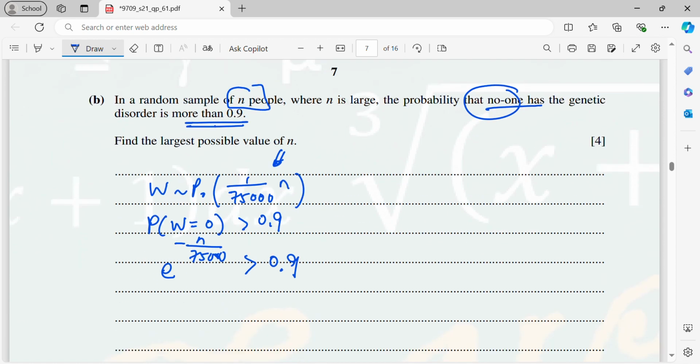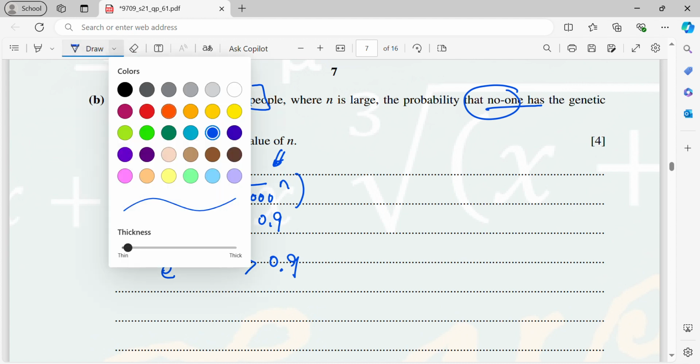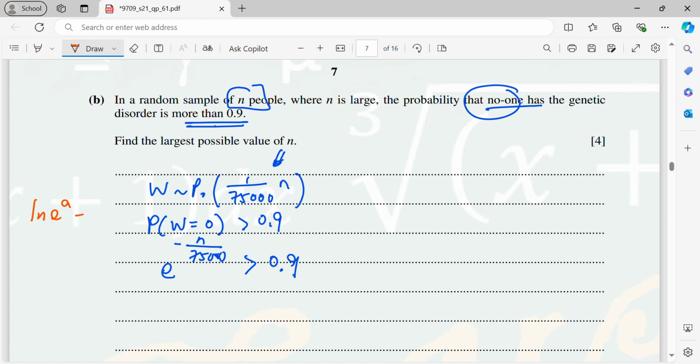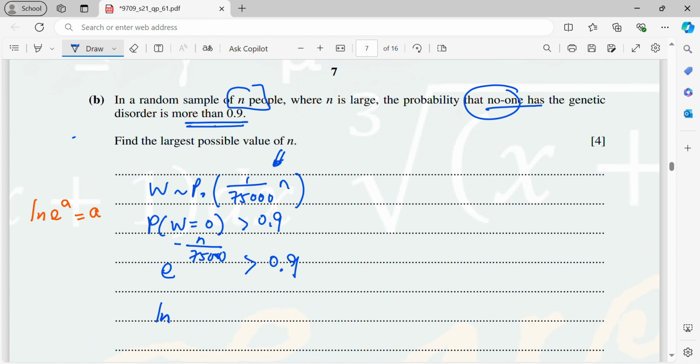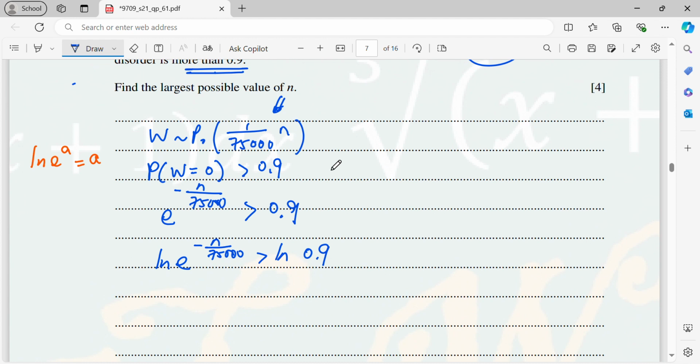Now to solve this, we need to eliminate the e. To eliminate the e, you need to take ln on both sides, because we have the formula ln e^A equals A. So ln of e to the negative n over 75,000 is greater than ln 0.9. The ln e on the left side leaves the power of the e.